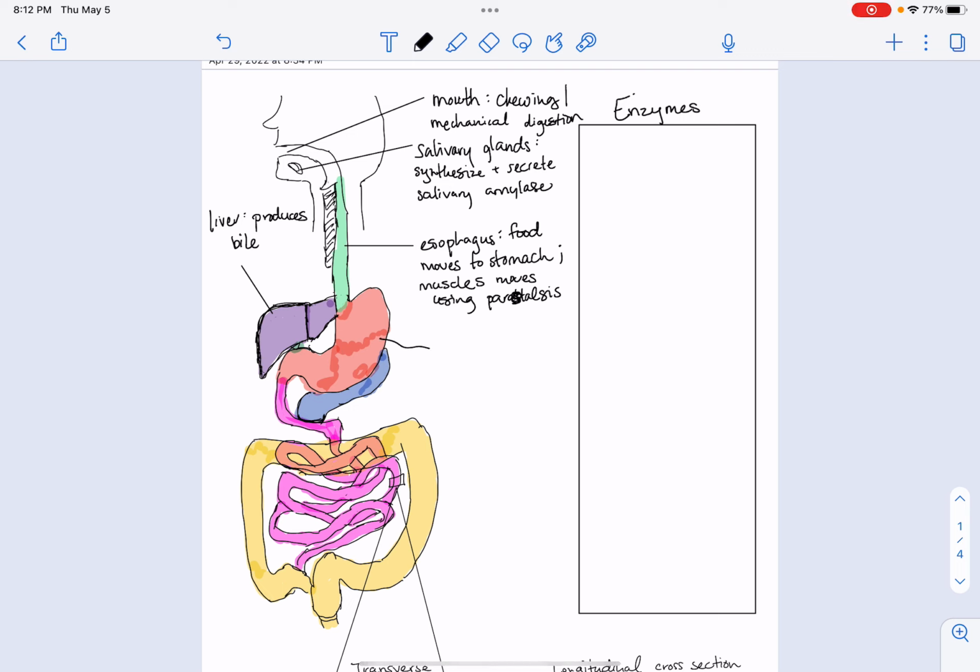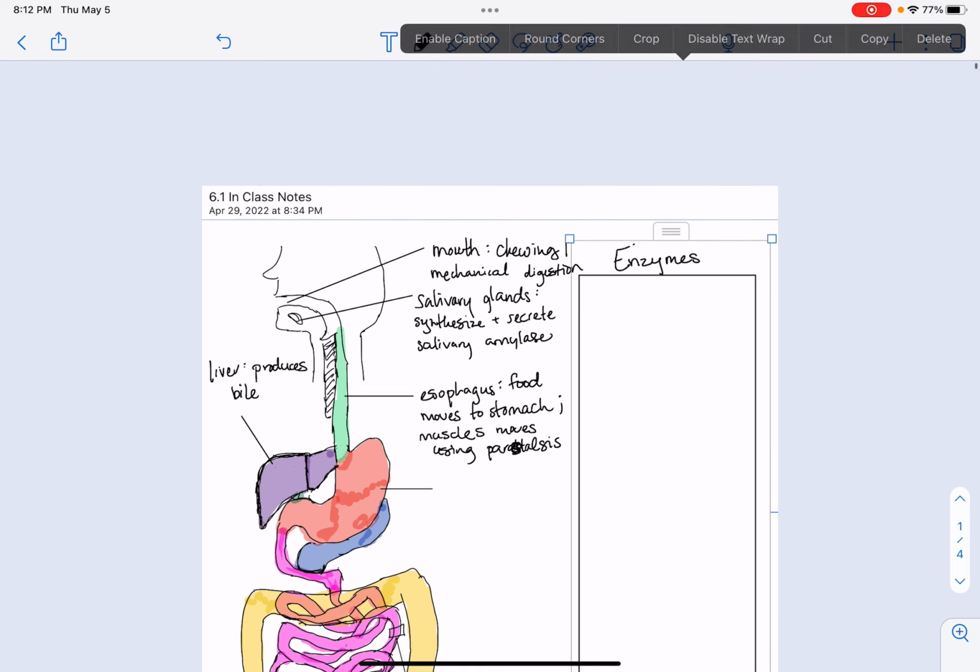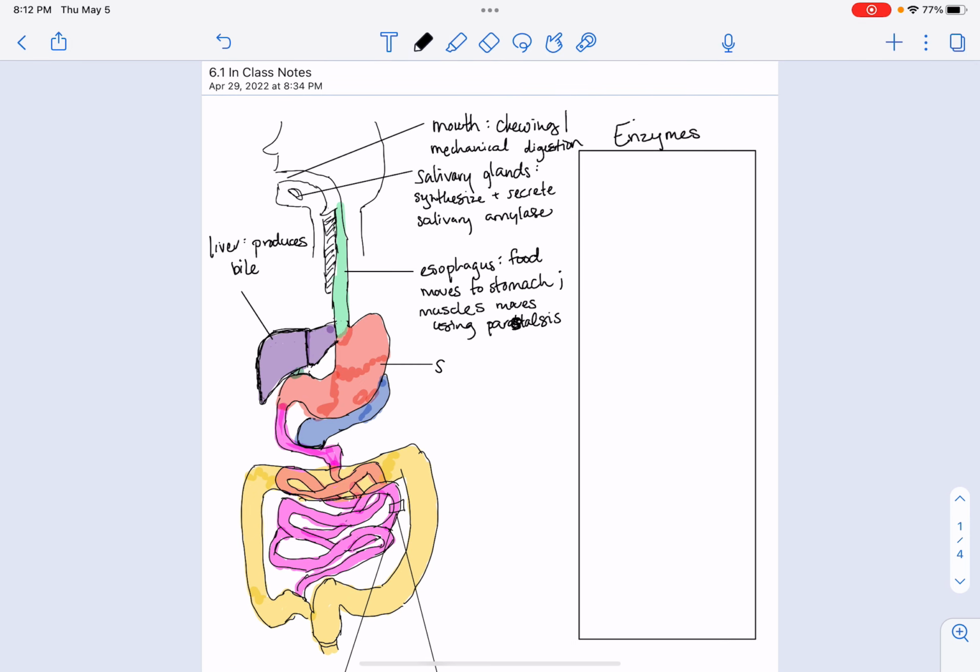Okay, this non-binary individual is the stomach. So the stomach is involved with some digestion. There's some chemical digestion.